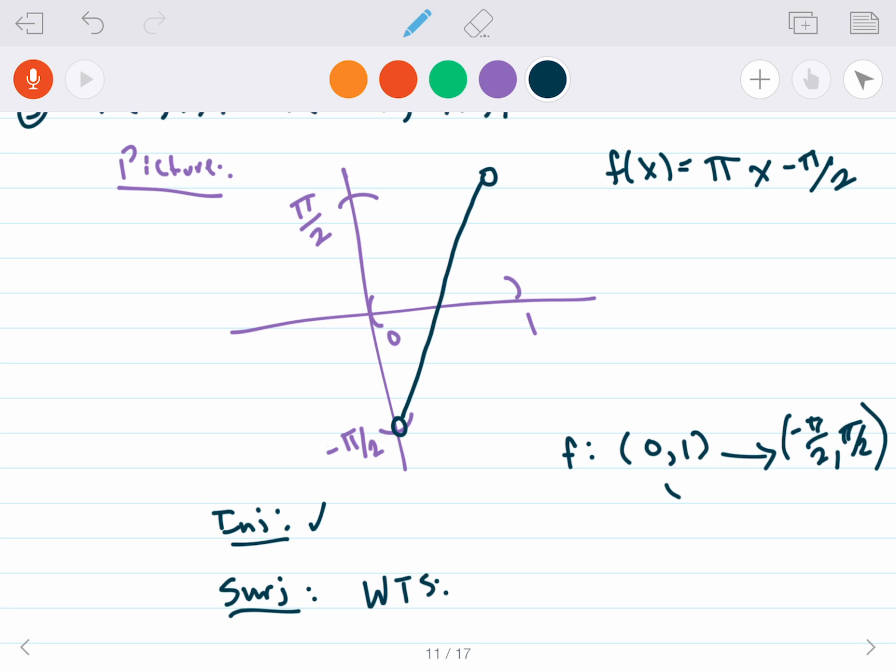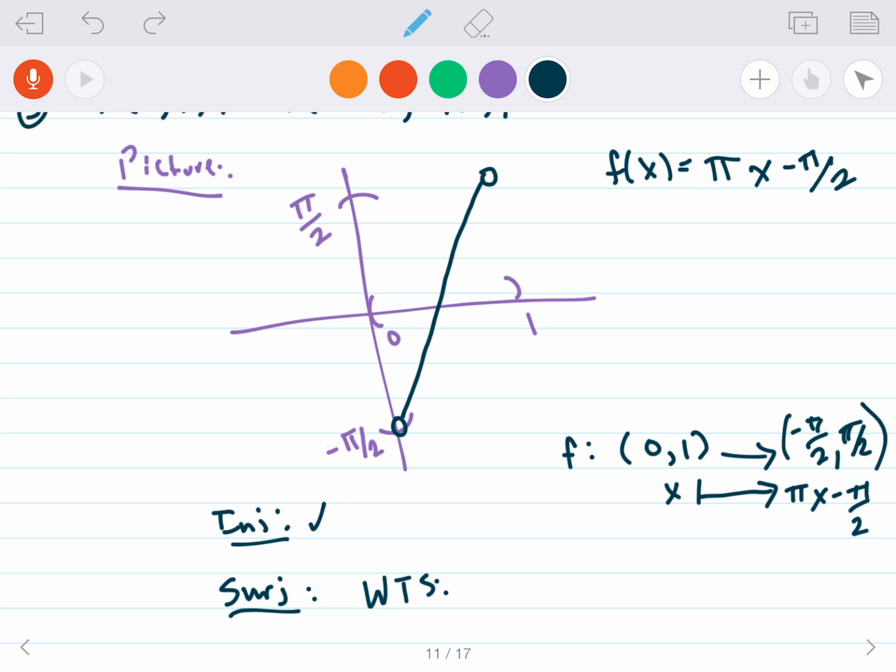Okay, and we're sending x through this linear function, pi x minus pi over 2. So we want to show that everybody in the output is getting hit by something in the input under the map.